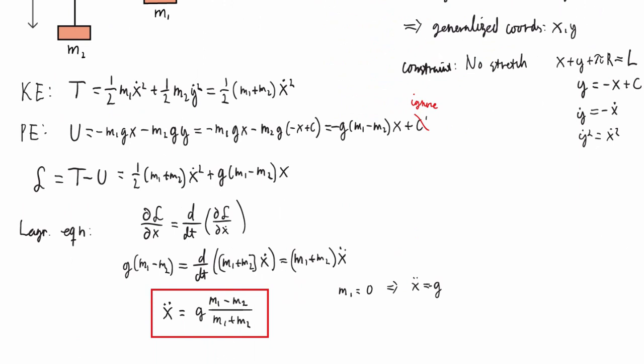And that makes sense. If we set m2 equals 0, we get that x double dot equals g, which also makes sense. And if we set m1 equals m2, then we get that x double dot equals 0, which makes sense because then everything is in balance and there should be no acceleration. All right, so this checks out.